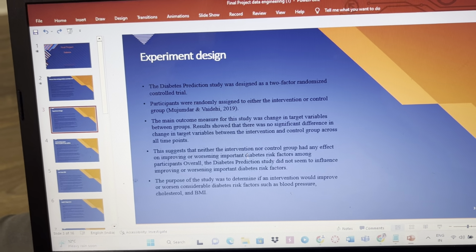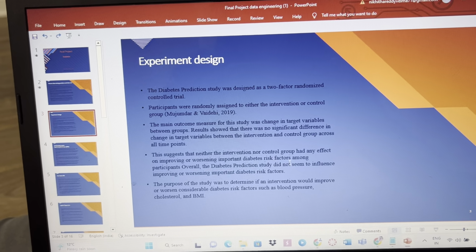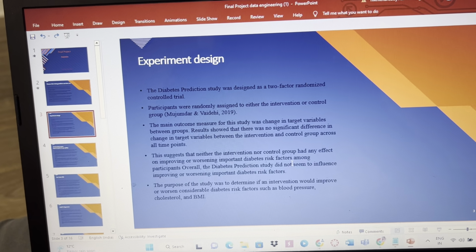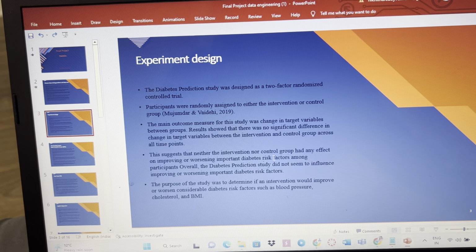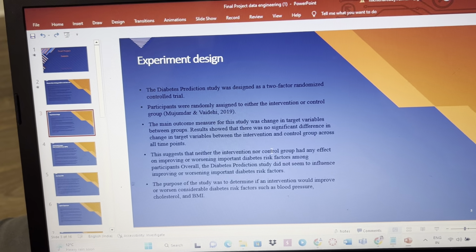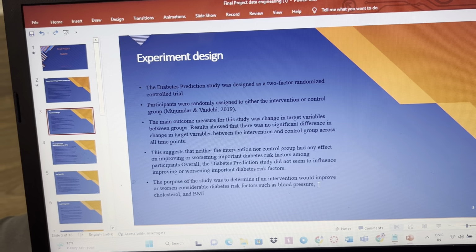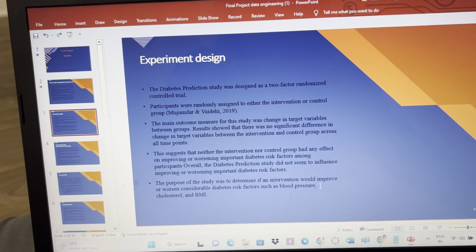Results showed that there was no significant difference in change in target variables between the intervention and control group across all time points. This suggests that neither the intervention nor control group had an effect on improving important diabetes risk factors among participants.